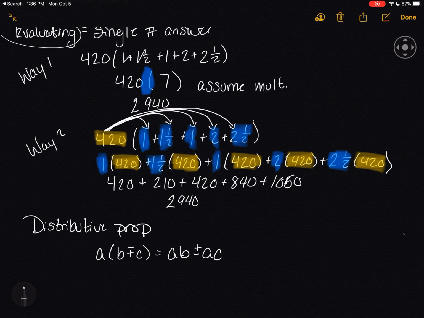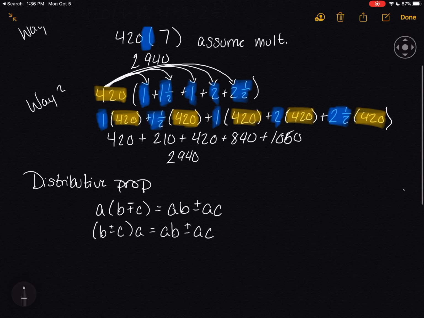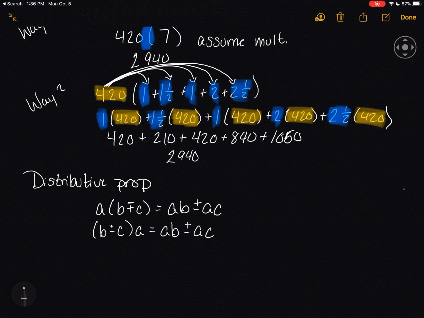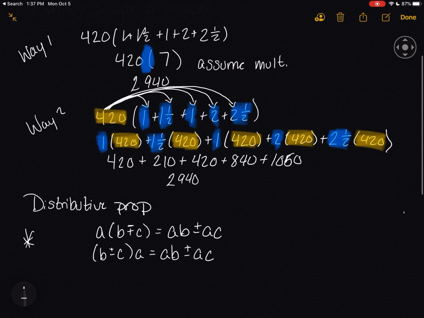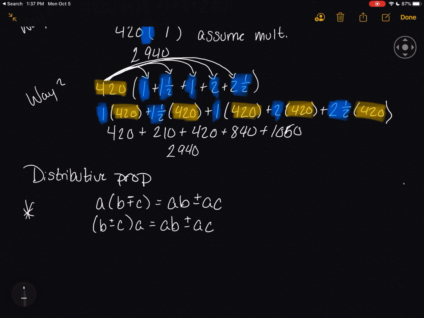And that could also be written as (B plus or minus C) with the A on the other side. Either way, it still means that you're going to distribute whatever is there. That is overall the distributive property. You are going to want to write this down. That is super important. We did some examples before with way 1 and way 2. That was just a reminder of how to use the distributive property.